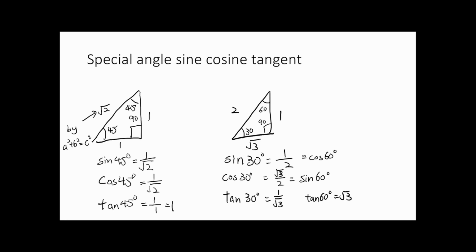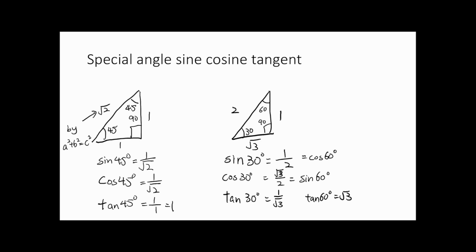So for example, if the adjacent side is 2, then the hypotenuse would be 2 square root 2. Cosine 45 degrees would also be similar due to the reasons I have suggested, and since tangent 45 degrees equals sine 45 degrees divided by cosine 45 degrees, the answer would be 1.